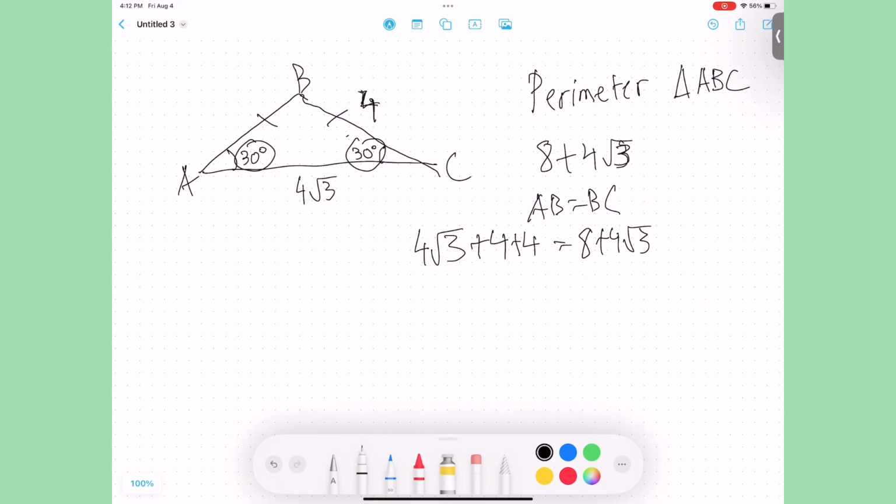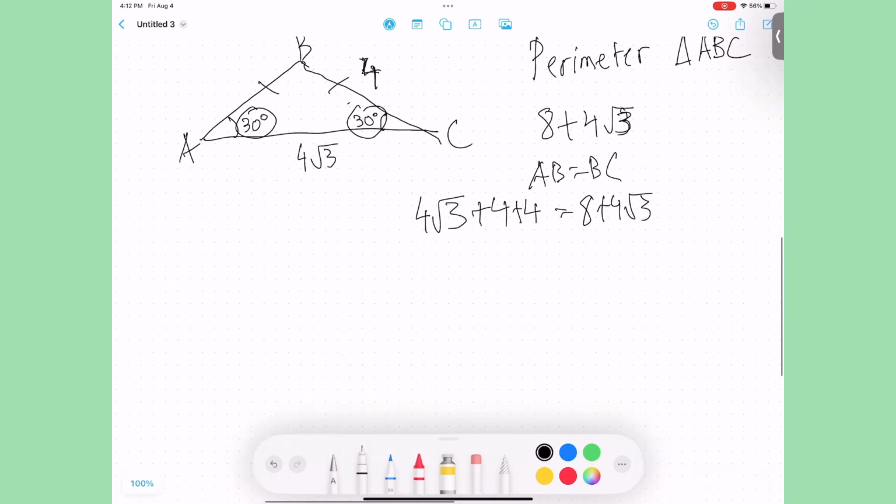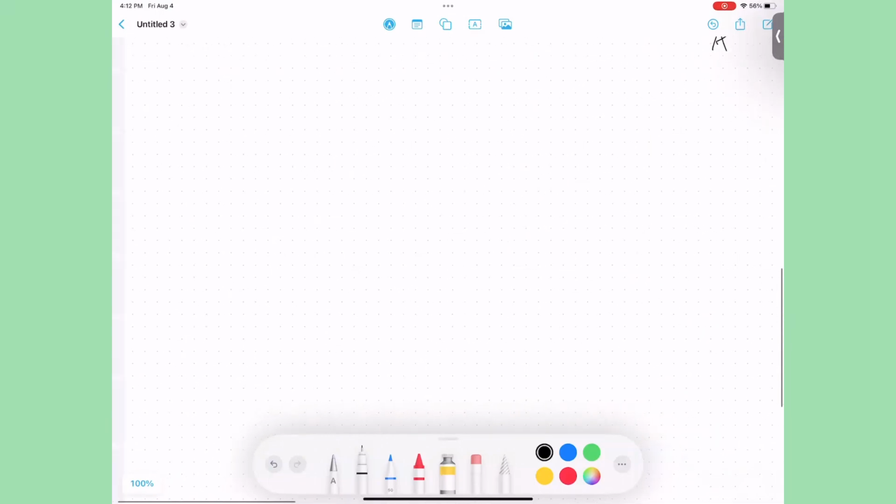Slightly more straightforward, right? So one more. Yeah, we'll go over another example.